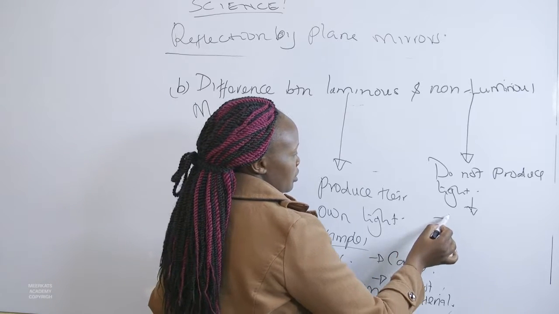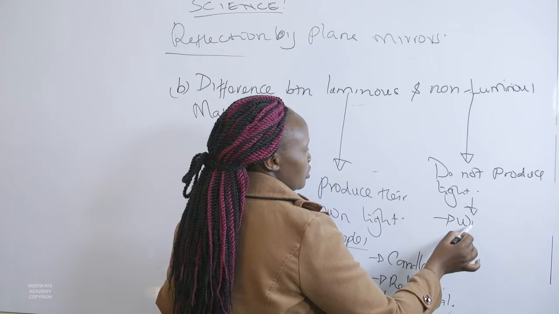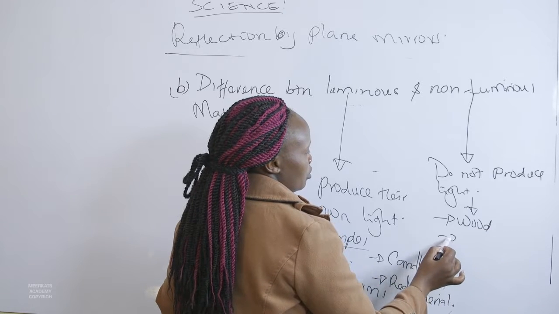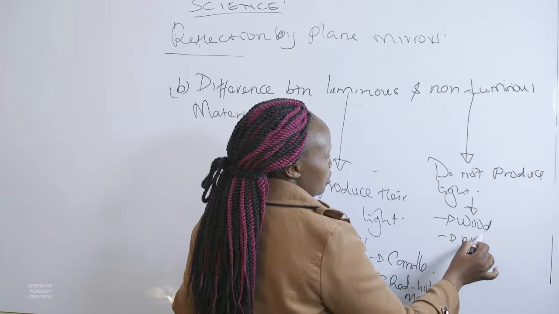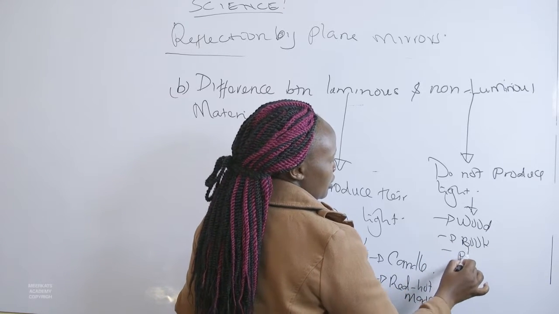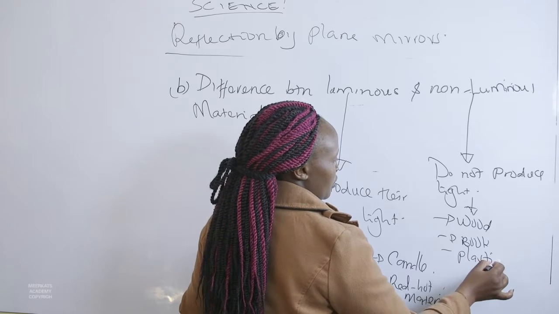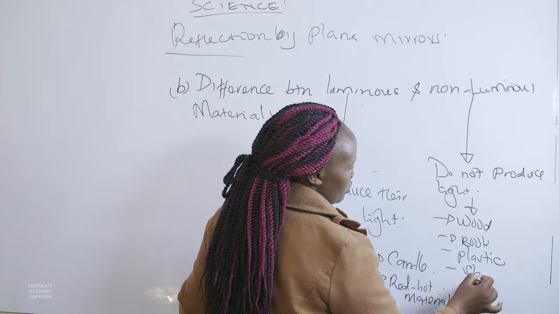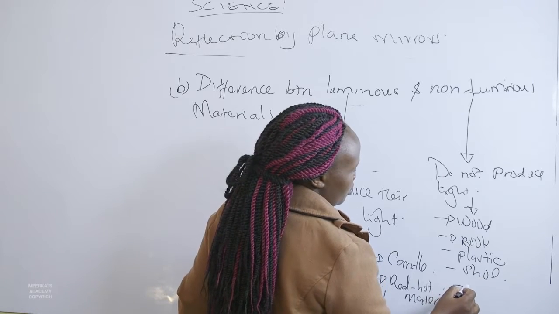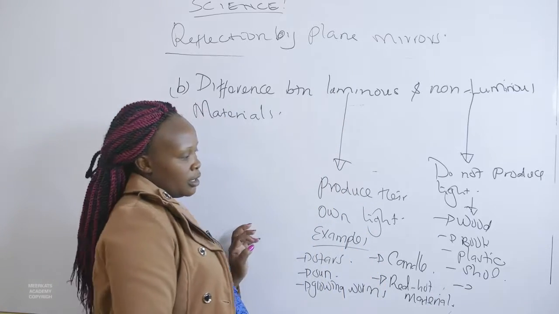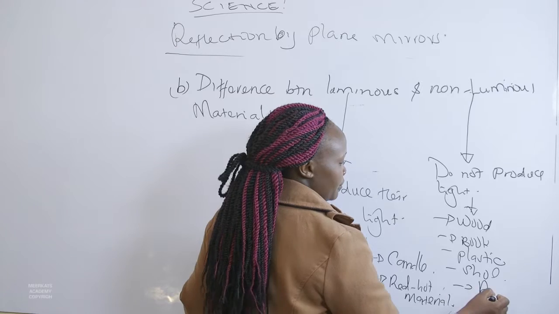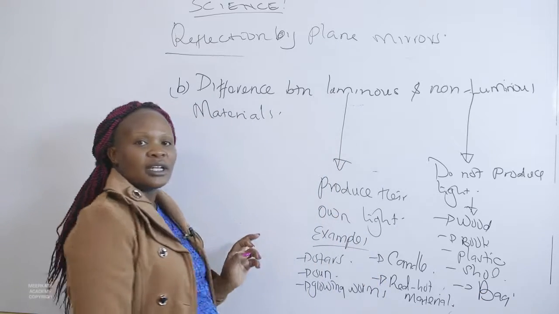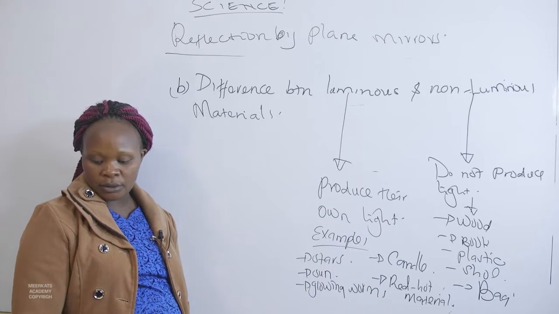We talk about wood, a book, plastic, your shoe. You could also talk about a bag. Those are things that do not produce their own light.